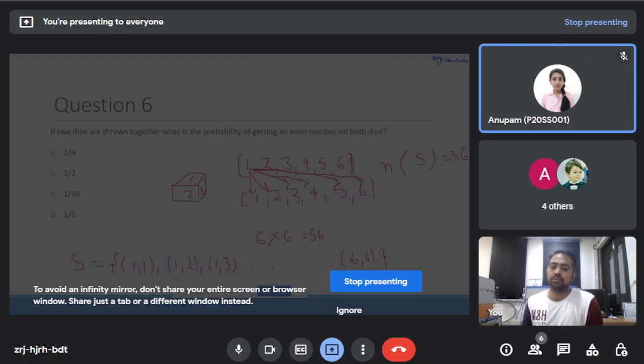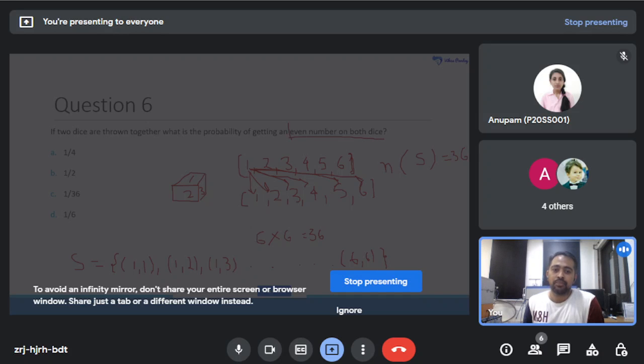Yes, sir. Okay. So now we have the probability of getting even numbers on both. What are the even numbers? 2, 4, 6. Out of these, which ones are favorable? So it will be 2, 2. This is one favorable. Then it can be 2, 4. Then it can be 2, 6.